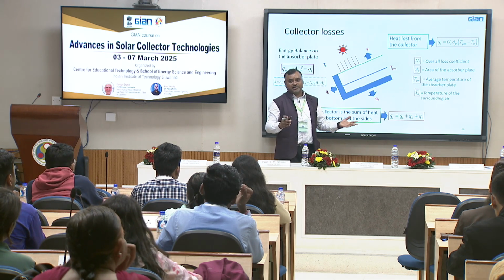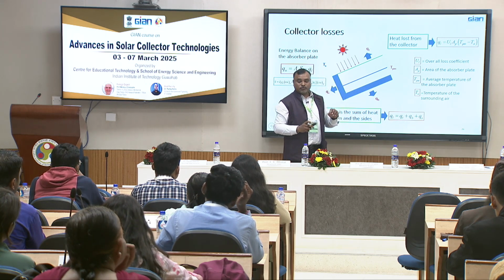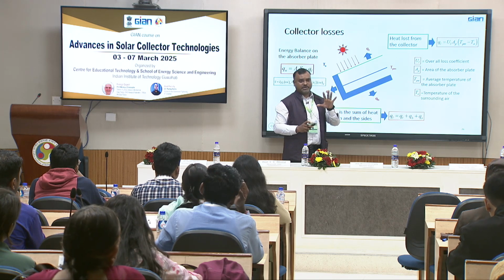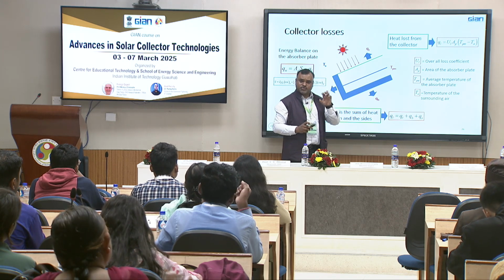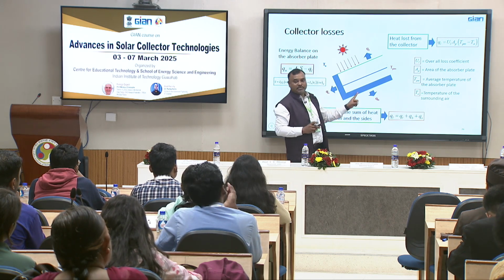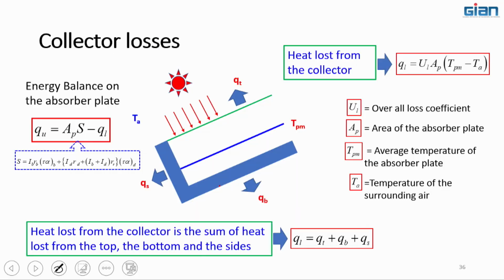It's really very, very complex, but there are some expressions to find this QU in terms of fluid inlet temperature. That is called the Hottel-Whillier-Bliss equation. We use that equation to find QU, but for your understanding you must know how this can be calculated. So this S is known because we have already done this part.